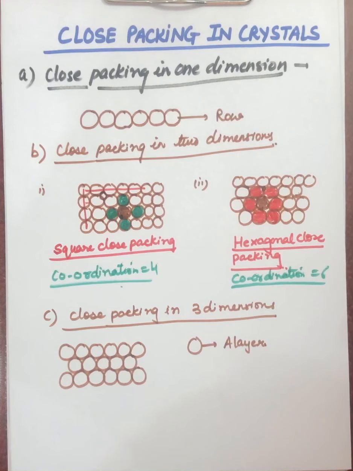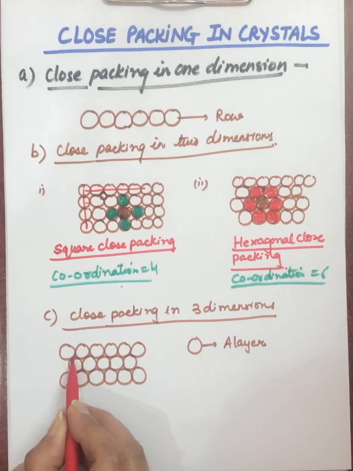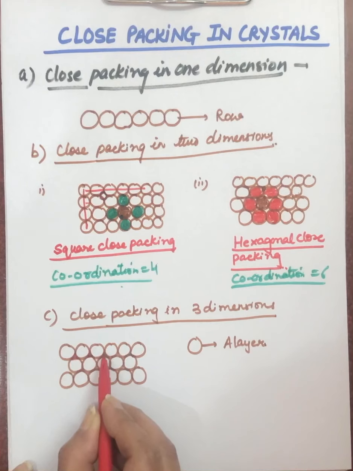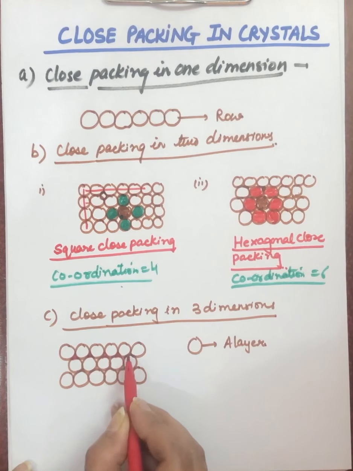And if we see this layer carefully, we'll find there are 2 types of voids in it. Voids means the interstitial spaces, the spaces which are vacant, empty here. Between these spheres, these are voids between the spheres. And second ones are under the spheres. If you see it, this is just like a triangle. Between the spheres, these voids are like a triangle.